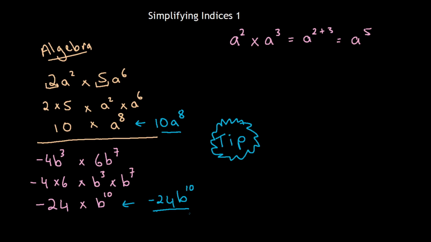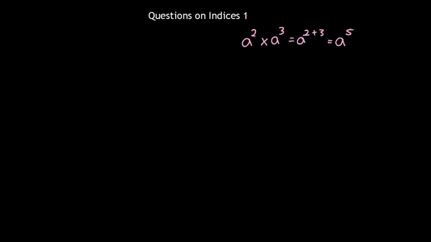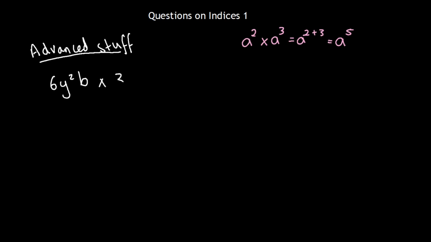Now, lastly, we are going to be looking at the advanced stuff. So I'm just going to make a note of it here on the top left of the page, the advanced stuff. Okay, so suppose we have, I'm just going to look at one question here because it is slightly advanced and it is time consuming. So hopefully this will give you all the skills that you need to be able to solve other questions. So we're going to look at 6y squared b times 3b cubed y cubed. Now, I've made them all positives just to make our lives easier.